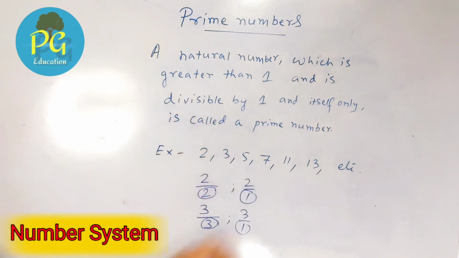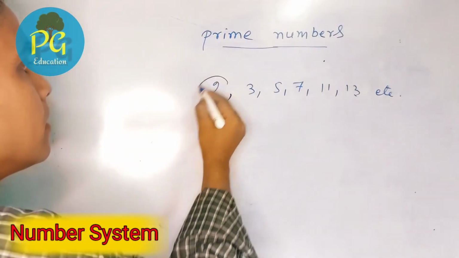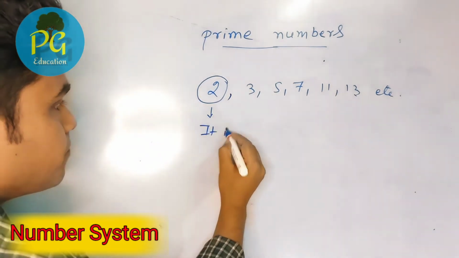So these numbers are prime numbers. So we can say that a number will be called prime if it has 2 divisors, 1 and itself. Understood? Here you have to remember that 2 is the only even prime number.